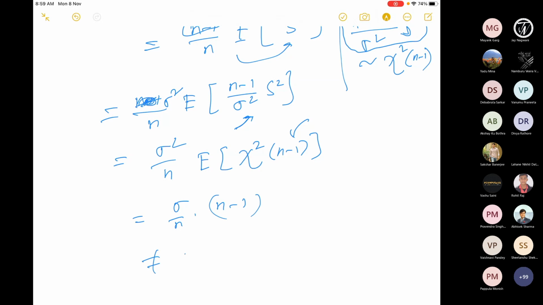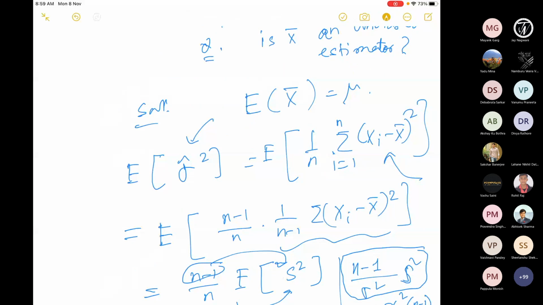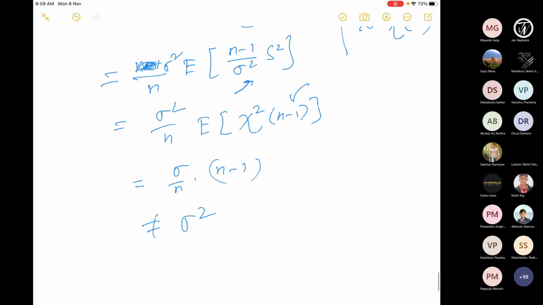And this is not equal to sigma square. So the expected value of this estimator is not the parameter itself. The parameter was sigma square. So sigma square hat is a biased estimator, it's not unbiased.